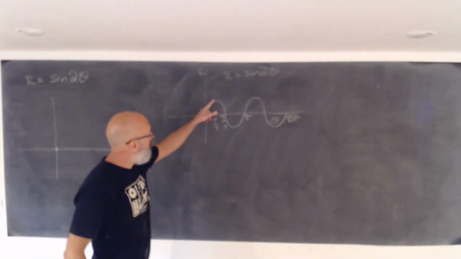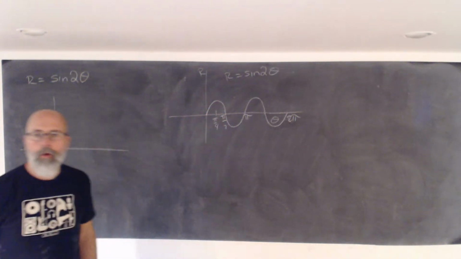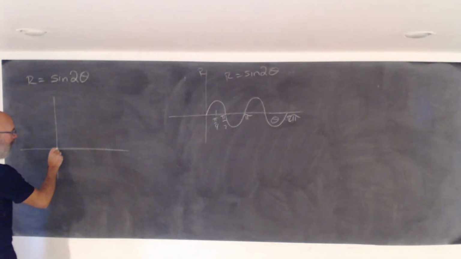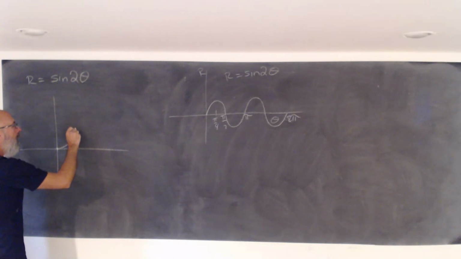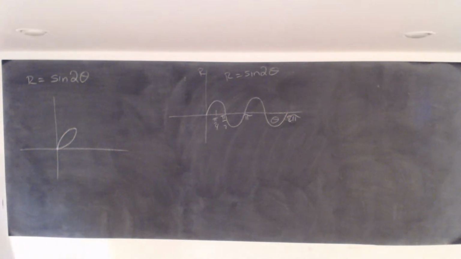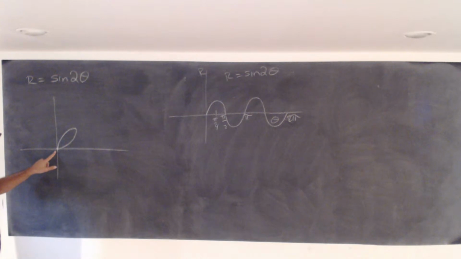Sine is increasing to 1 at pi over 4, and then back down to 0 at pi over 2. Everybody with us? At 90 degrees, you're back down to 0.